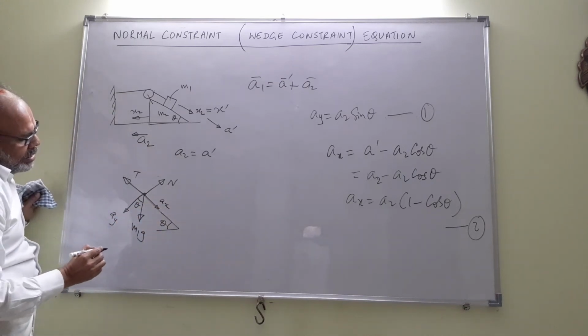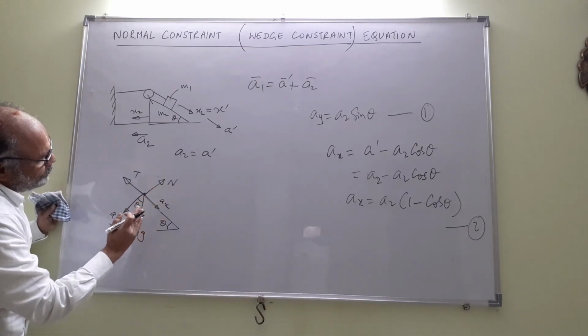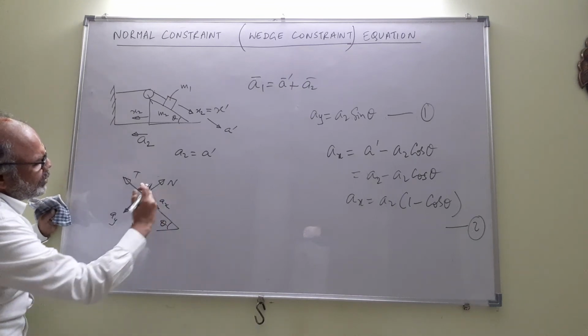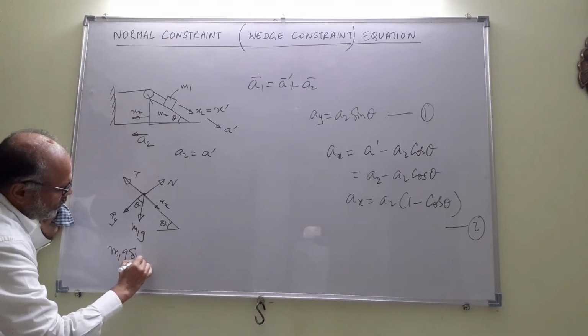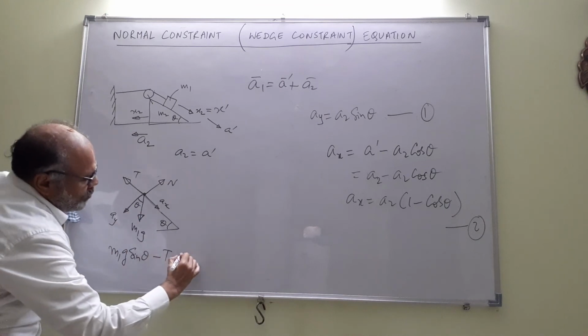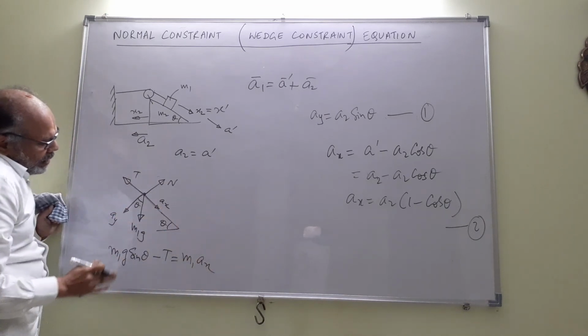If you resolve this now, m1g sine theta will be along the incline: m1g sine theta minus T will be equal to m1 into ax along the incline.